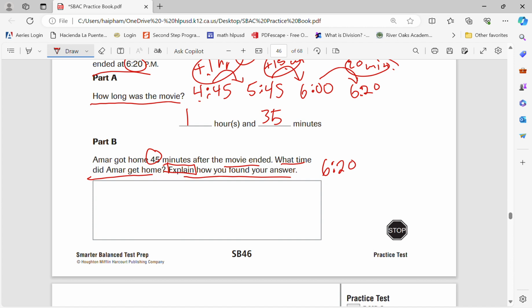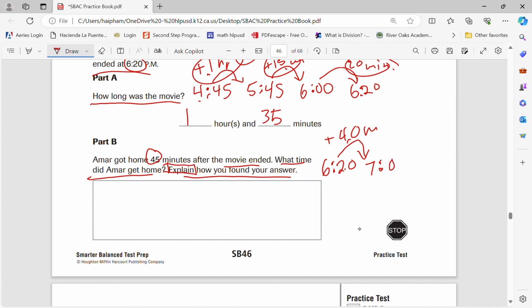And there 45 minutes has passed since the movie had ended till the time he got home. So let's go ahead and add our 40 minutes first to make it 7, because 20 plus 40 will give me 60 minutes. There are 60 minutes in an hour.